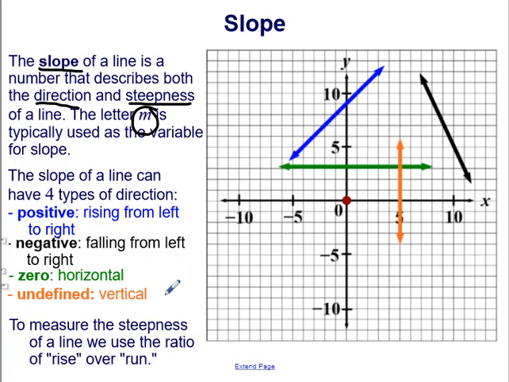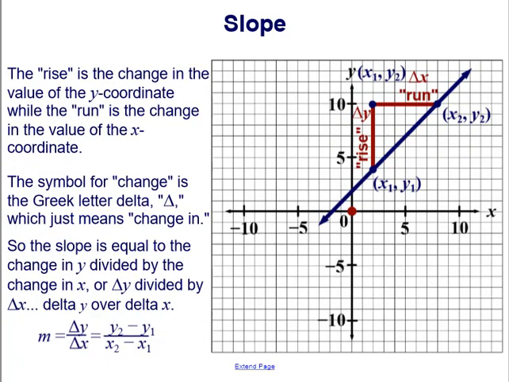To measure the steepness of a line, we are going to use the ratio rise over run, because again, that is helping us with the direction and the steepness of that line. The rise is the change in the value of the y coordinate, while the run is the change in the value of the x coordinate.